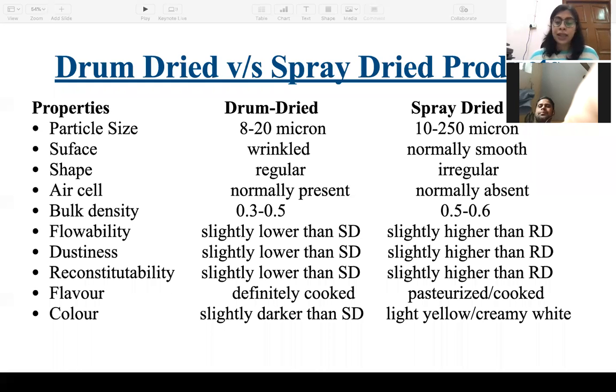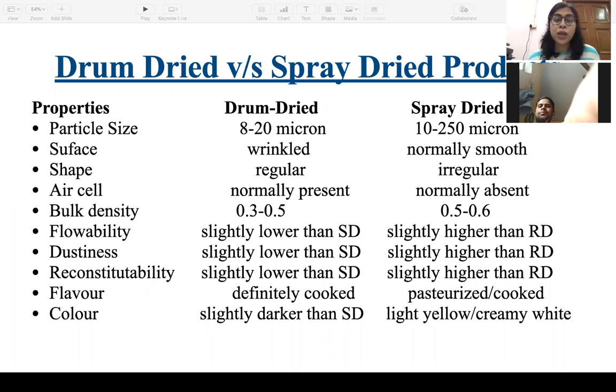Then there are a few points in which I have mentioned the difference between drum dried and spray dried products. Particle size, as you can see, in drum dried varies from 8 to 20 micron, and in spray dried it varies from 10 to 250 microns. The surface of drum dried product is wrinkled, whereas that of spray dried product is normally smooth.